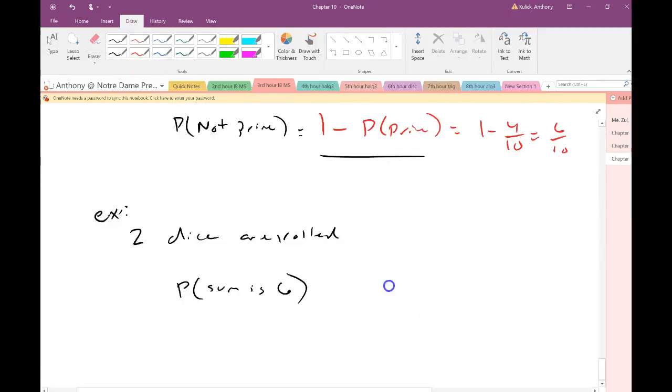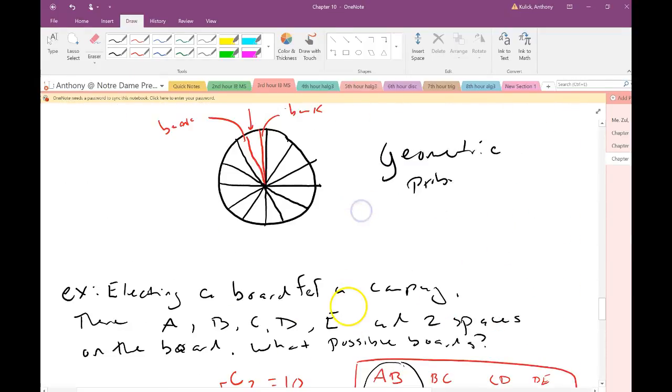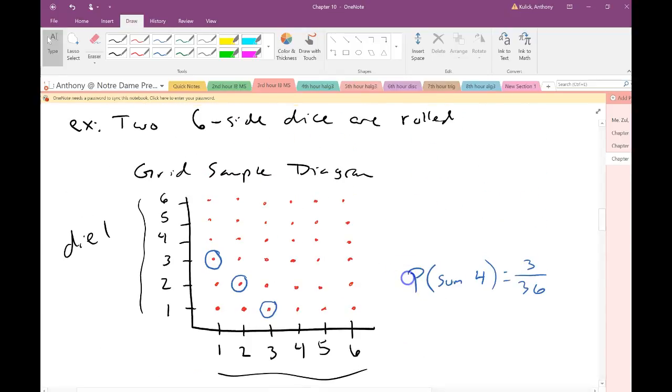So if we go back, we already drew the sample space for this earlier. There it is. Where is the sample space of 6 at? It's this spot right here, correct?